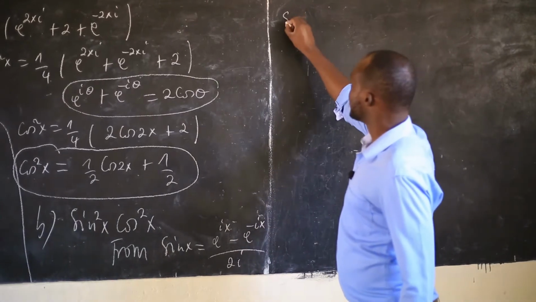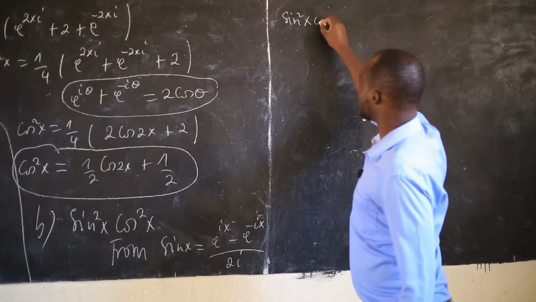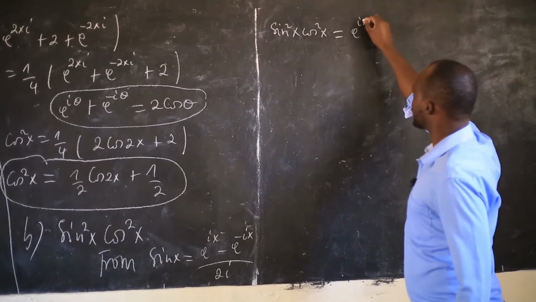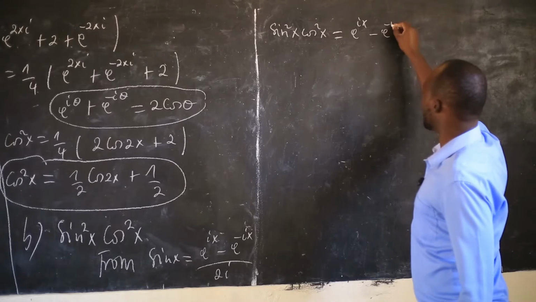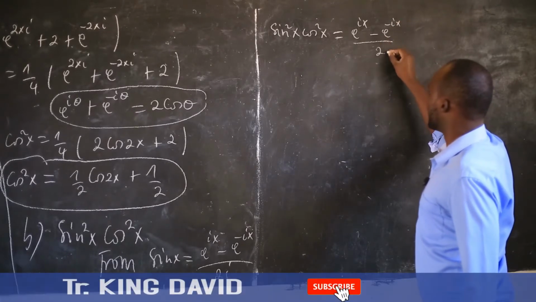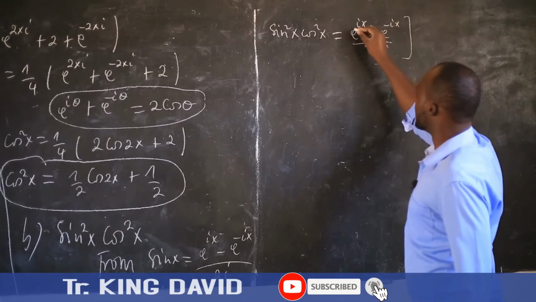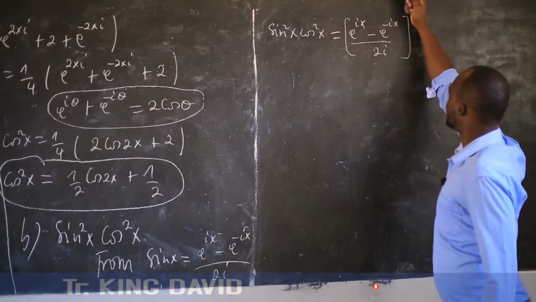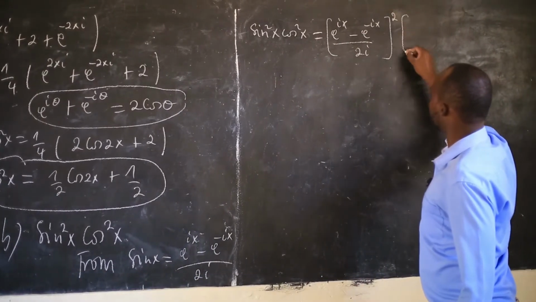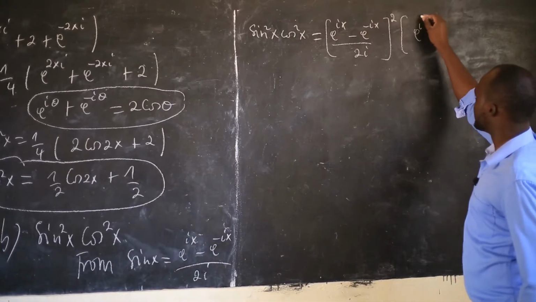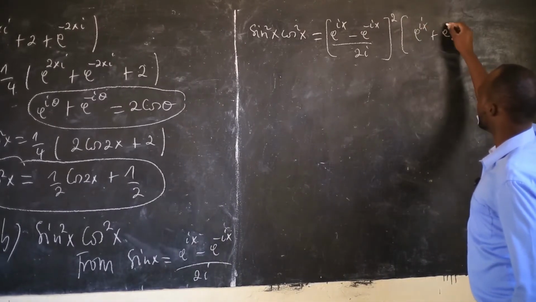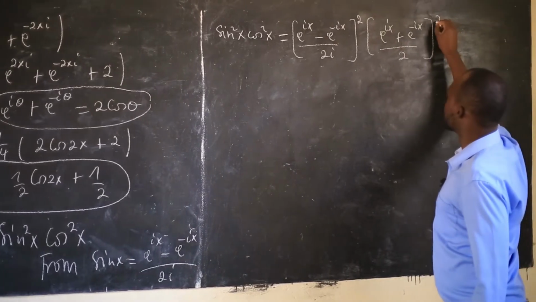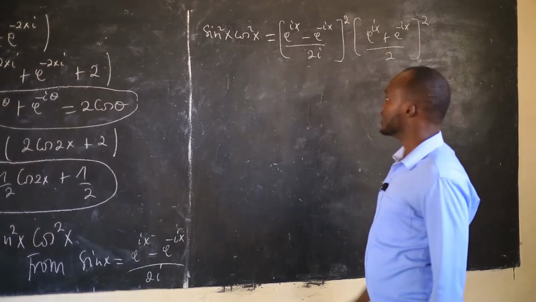So sin squared x cos squared x is e power ix minus e power negative ix divided by 2i, squared, because sin is squared, then times the value of cos, which is e power ix plus e power negative ix divided by 2, also squared, because all of them are squared.